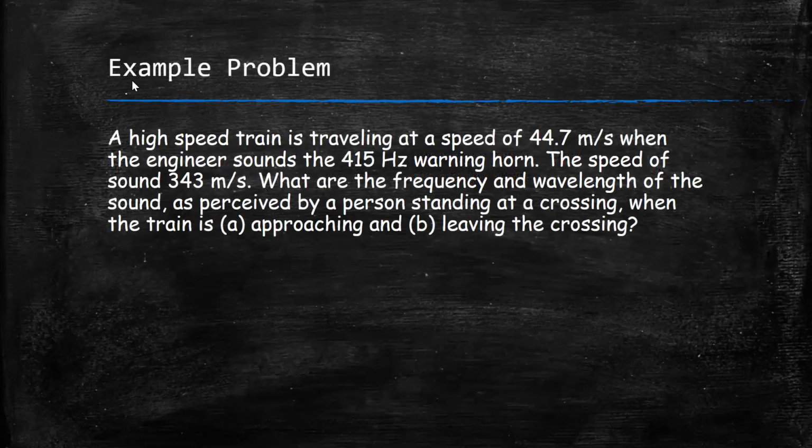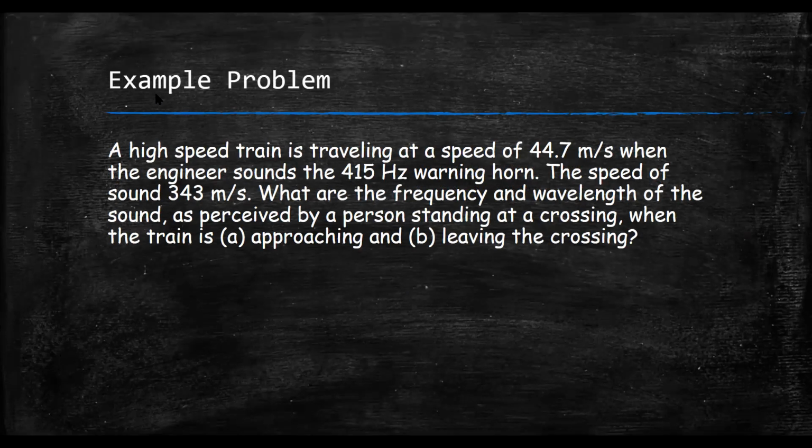Now let's try to solve this problem. A high-speed train is traveling at a speed of 44.7 meters per second. When the engineer sounds the 415 Hz warning horn, the speed of the sound 340 meters per second, what are the frequency and wavelength of the sound as perceived by the person standing at the crossing when the train is A, approaching and B, leaving the crossing?